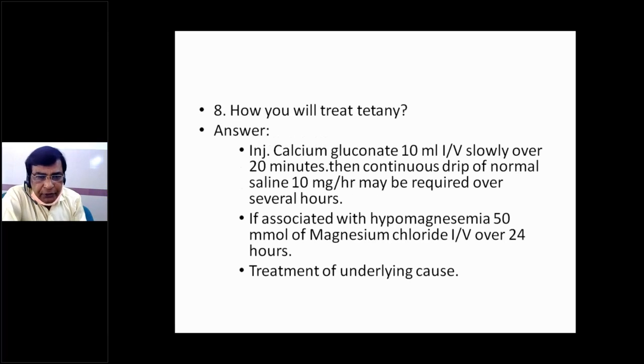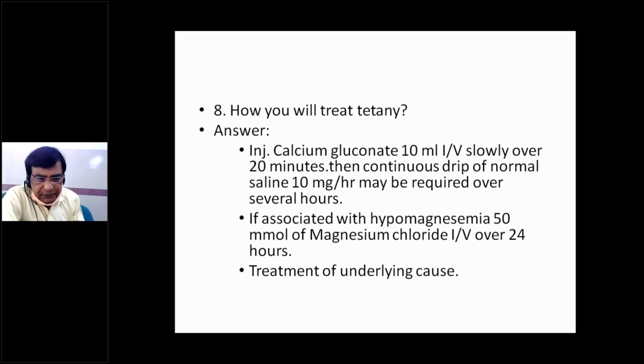How will you treat tetany? Tetany is first treated by calcium gluconate 10 ml IV slowly over 20 minutes. And sometimes a continuous drip of normal saline with calcium gluconate can be given at the rate of 10 milligram per hour.